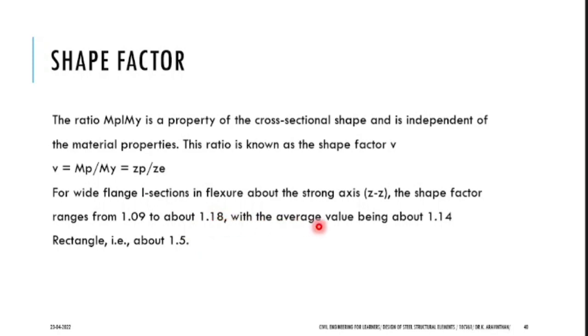The average value is about 1.14 for I sections, for wide flange only. Okay. For a rectangular shape, you will have a shape factor of 1.5.